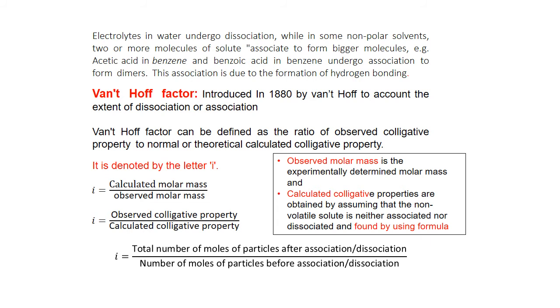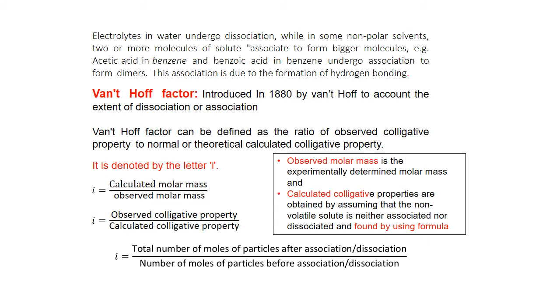Calculated colligative property is that we get by applying all values in the numerical formula, and its observed value will be, we are doing the practical, we are using the solute, we are using the solvent, and we note the depression in freezing point, we note the elevation in boiling point. So whatever value we are getting, that is observed. So we must be very clear about the observed values and calculated values.